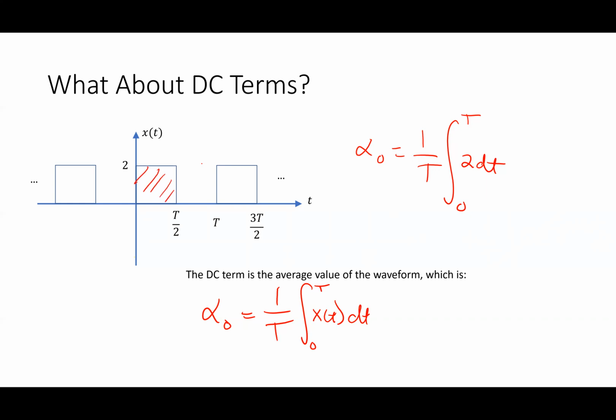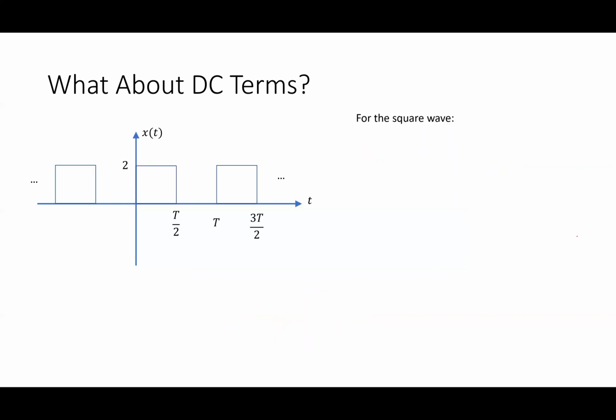So this works out to be 1 over T times 2 times T over 2, basically the height times the width. If I know intuitively that an integral is an area under the curve, this clearly works out to be 1. So in this particular case, my alpha 0 is 1.